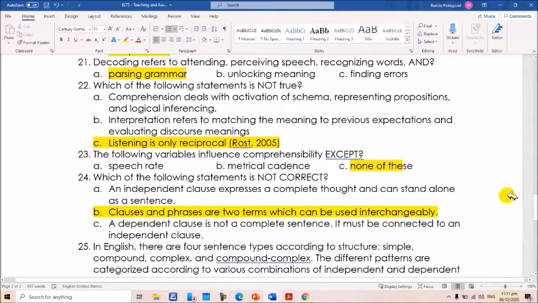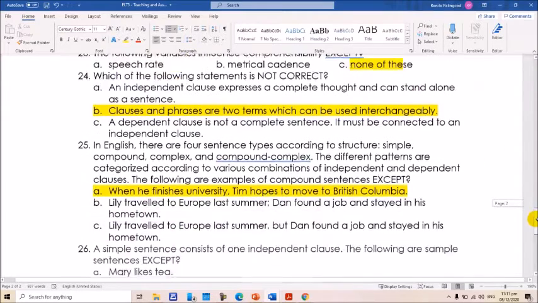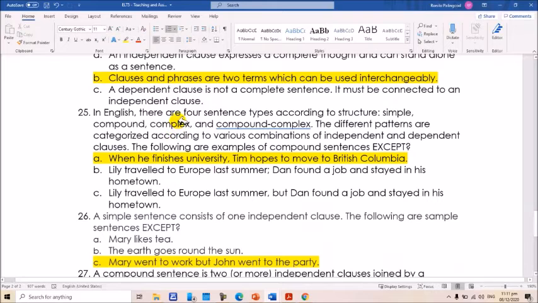Moving on for question number 25. In English, there are four sentence types according to structure: simple, compound, complex, and compound complex. The different patterns are categorized according to various combinations of independent and dependent clauses.